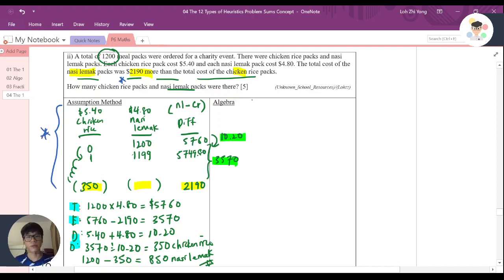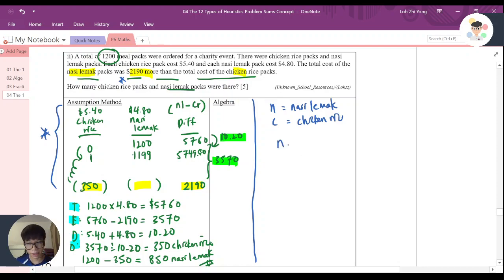Now, let me quickly explain the algebra method. When it comes to the algebra method, it's the same thing. Let me name n as the number of nasi lemak and c as the number of chicken rice. Nasi lemak plus chicken rice for sure is 1200.